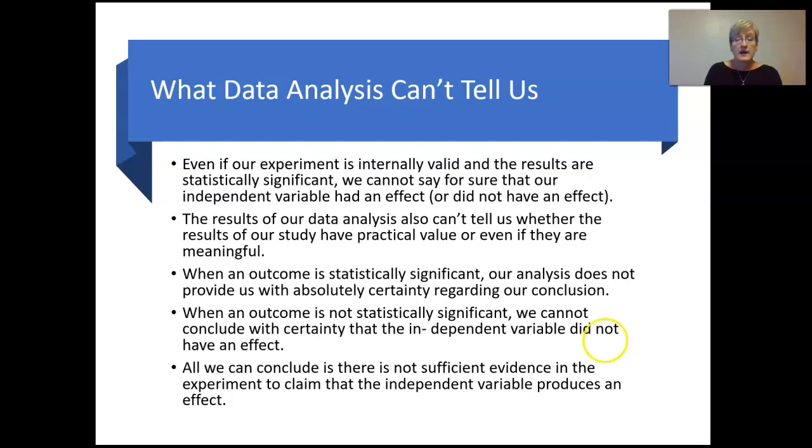Now, if you replicate and replicate and you continue to show that an independent variable is not producing an effect that's consistent with your hypotheses, then you have accumulating evidence that the relationship you predicted is just not holding up. So then you have to go back and rethink your theory and rethink your hypotheses.